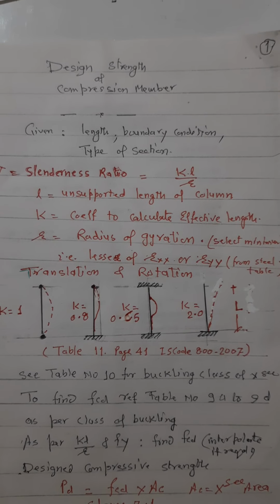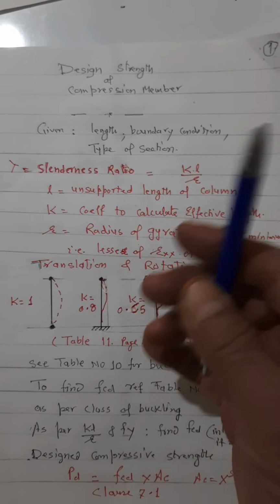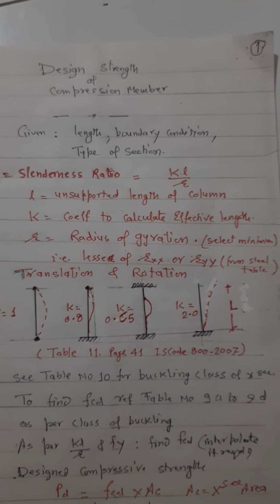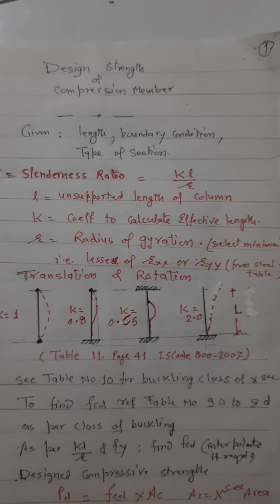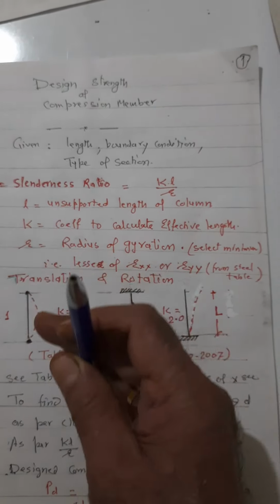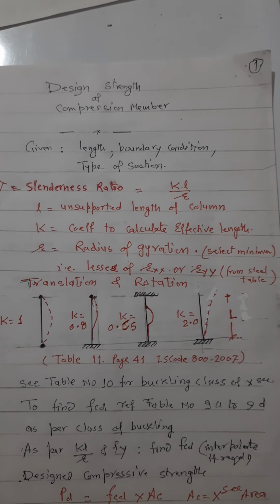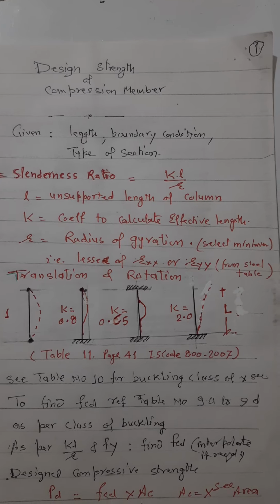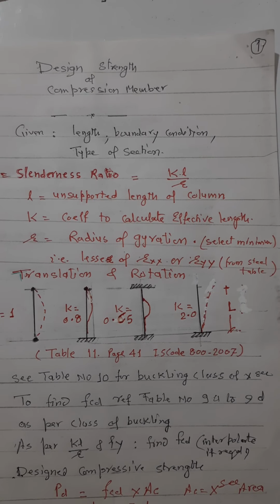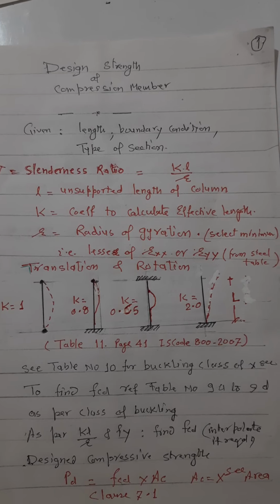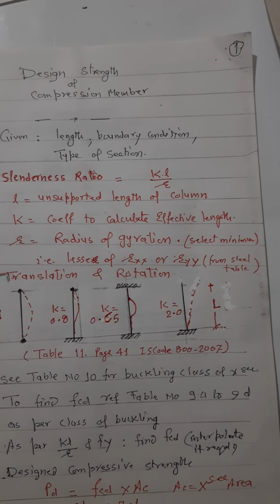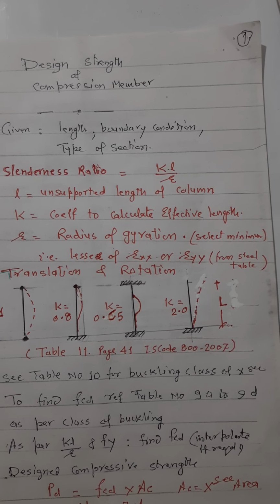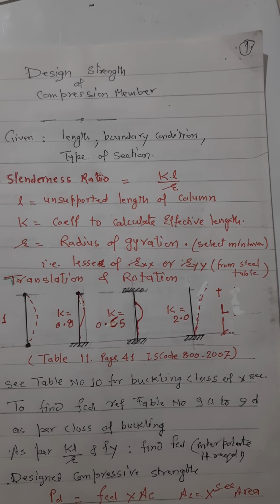When the rotational movement is restricted, we say it is restrained in rotation. When the displacement, whether in this direction or this direction, is restricted, we say it is restrained in translation. So neither the rotation nor the translation is there; we can say it is restrained in both rotation as well as translation.